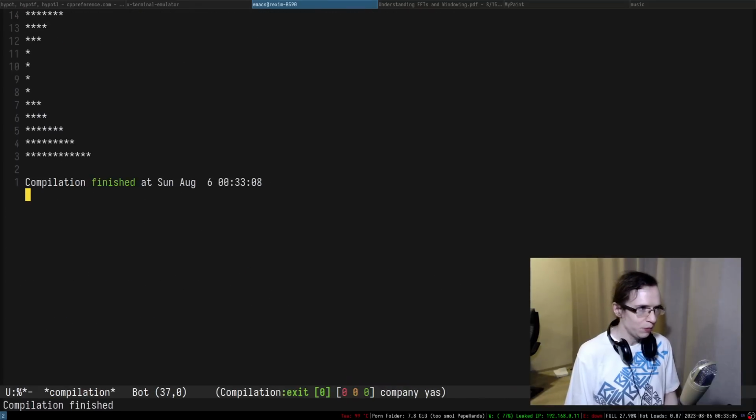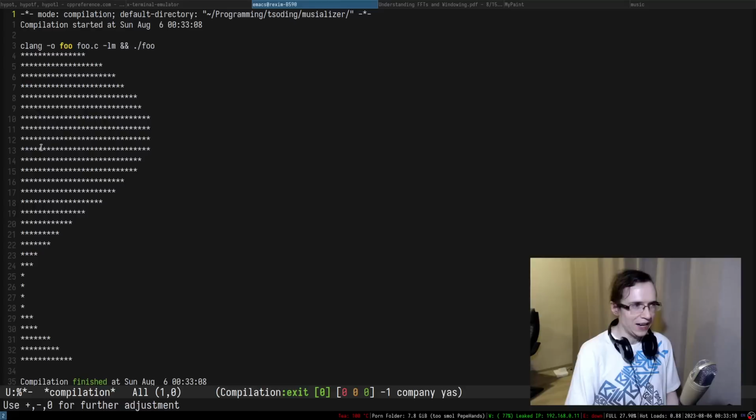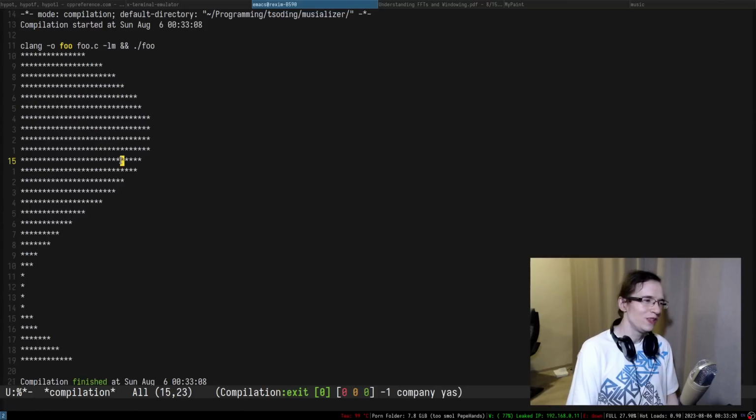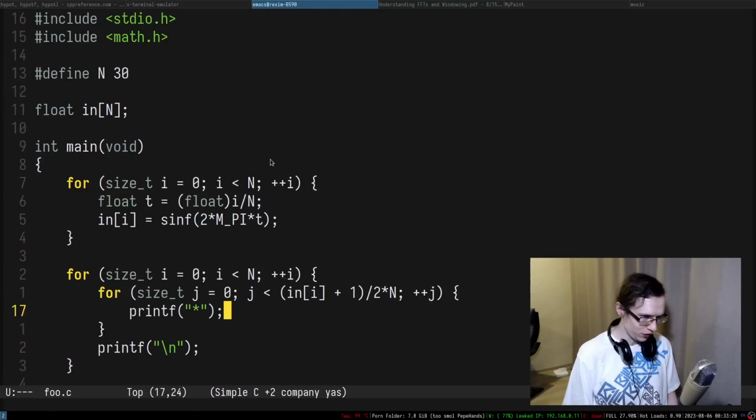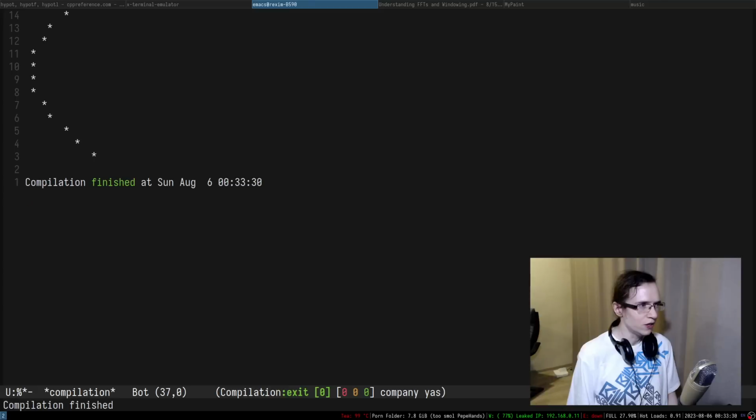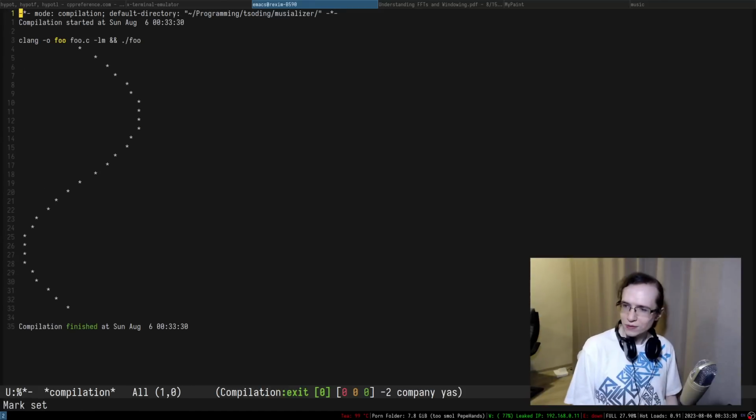That way we'll be able to see both sides of the wave, but it looks kind of weird. You have to ignore the inner characters. For the inner part we could have just used spaces, and at the end put a star. And there we go, here is the sine wave.